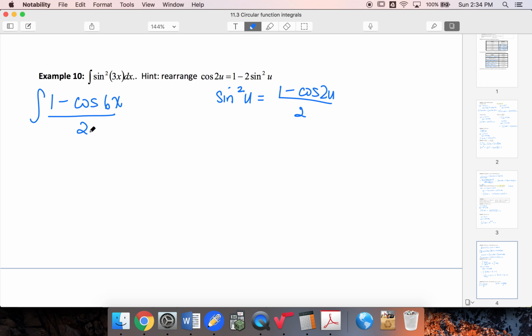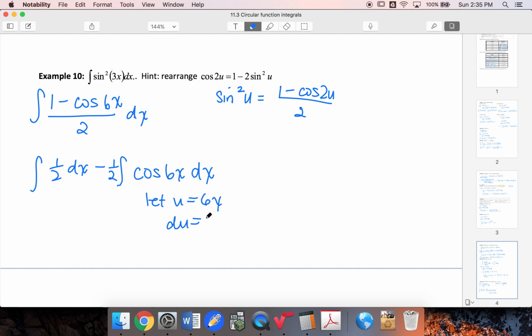So these are equivalent statements, dx. I can separate it out. I'll have the integral of a half dx minus the integral of a half. I can put that half in front. Cosine of 6x dx.